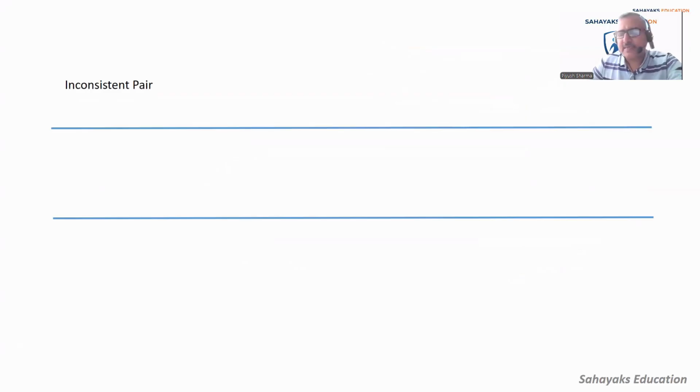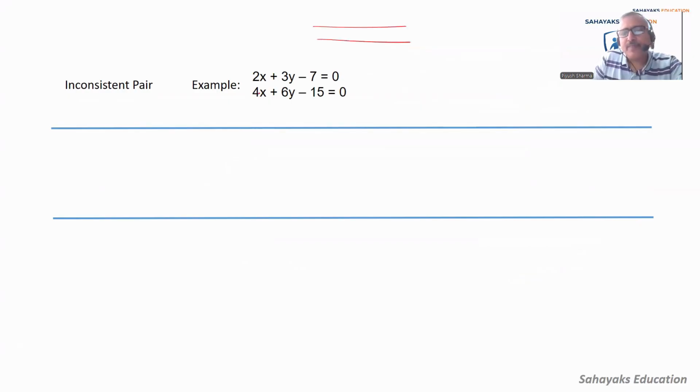Now coming to inconsistent pair. As I mentioned, these lines will be parallel to each other. So we'll take an example here: 2x minus 3y. If we make a graph of these lines, they will come out as parallel lines. When we denote this line, this is A, this is B, and this is C. This is A1, B1, C1, and this is A2, B2, and C2.